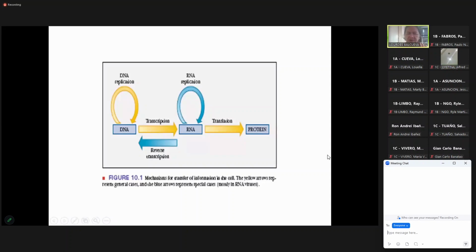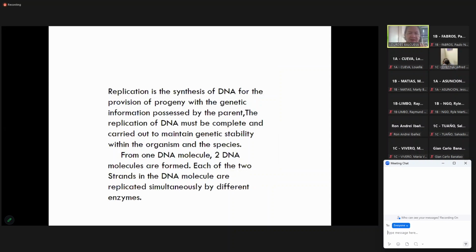Okay, so I know you are very familiar with that from your biology. Replication is the synthesis of DNA for the provision of progeny with the genetic information possessed by the parents. Replication of DNA must be complete and carried out to maintain genetic stability within the organisms and species.